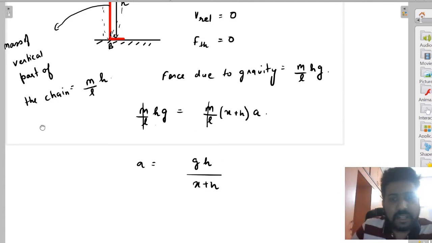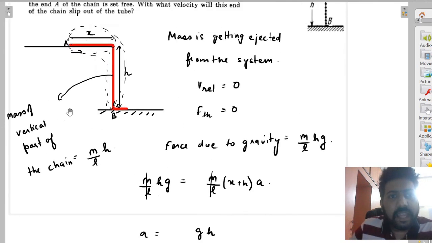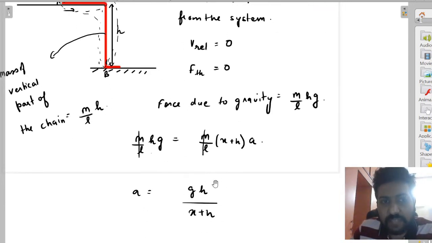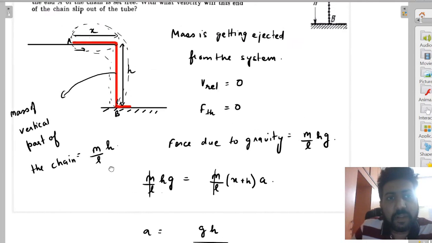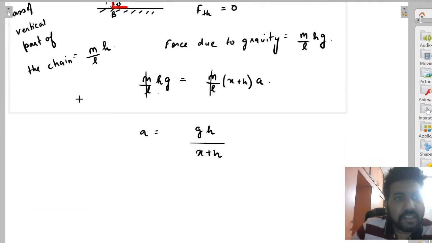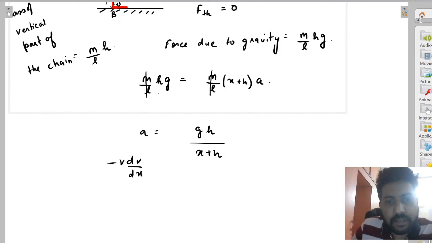Now once you've got the relation of a, what is a? A is the rate of change of velocity. A can also be written as v dv/dx. But see, the right side is a positive term, so the left side has to be a positive term. Now x is decreasing, so you will say that a = -v dv/dx. Why?